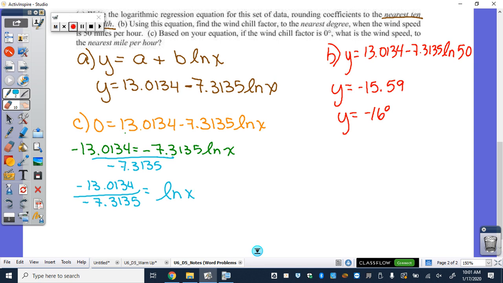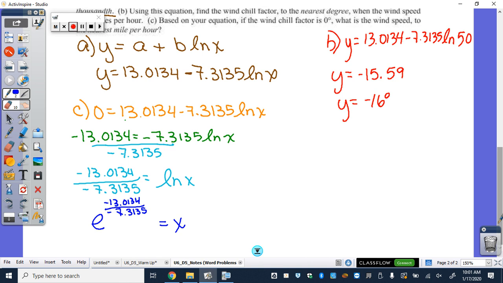Again, with logs, I'm always striving to go for exact values, so I don't actually divide yet. Don't want to round too early. So then what do we do at this point? Exponential form. So our base on ln is e, and then it's to this crazy exponent here. So e to the negative 13.0134 divided by negative 7.3135 equals your x.